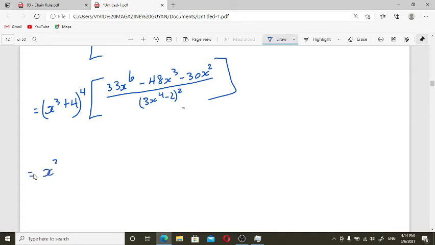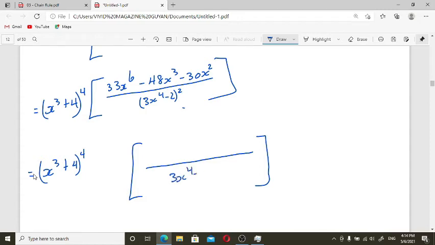So x cubed plus 4 raised to the 4th. I know I need to have something outside, and some of you probably picked up on it already. So 3x to the 4th minus 2 squared. Looking here, I already said x squared has to come out.